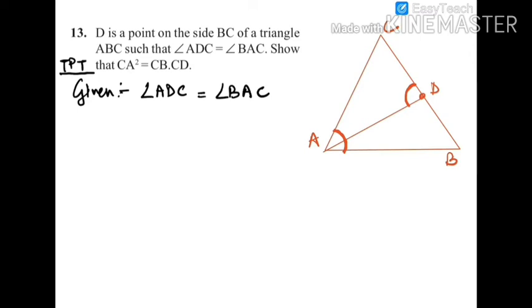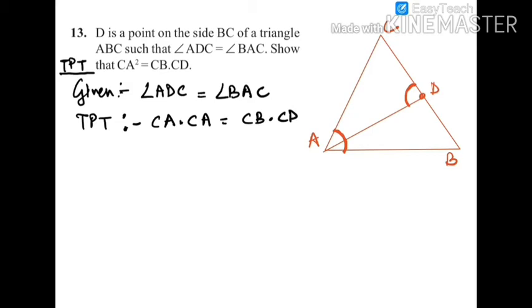we are going to tweak what is to be proved slightly so that we are able to prove this question. So I'm going to write CA square as CA into CA equal to CB into CD.